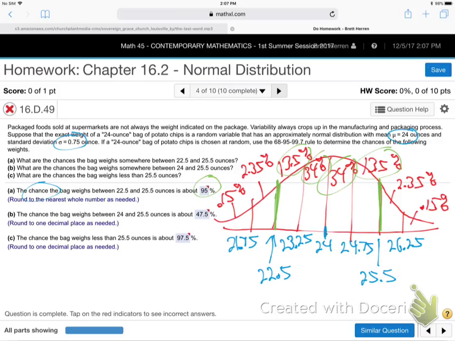What's the chance, they're saying on B, you grab a bag of chips and it'll weigh somewhere between 24 and 25.5 ounces?